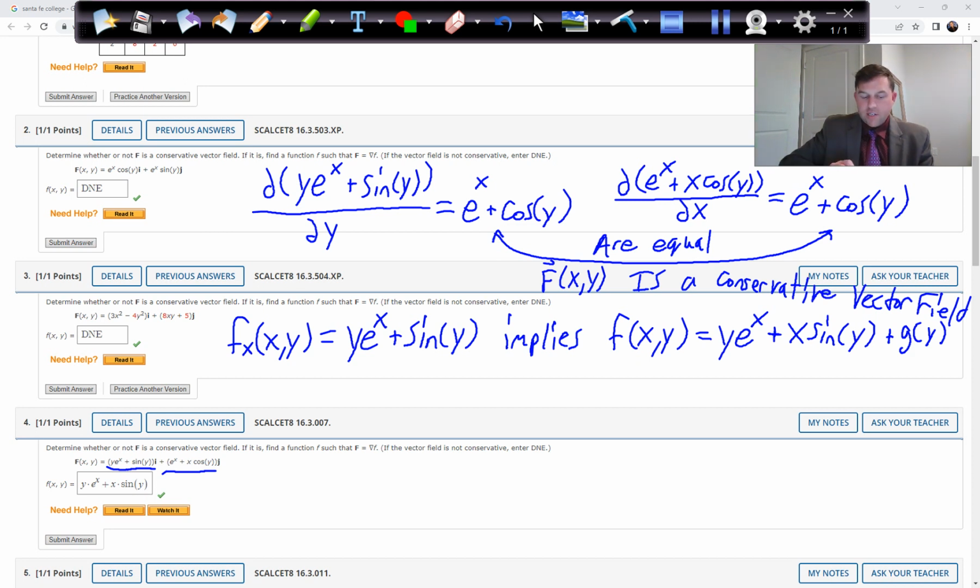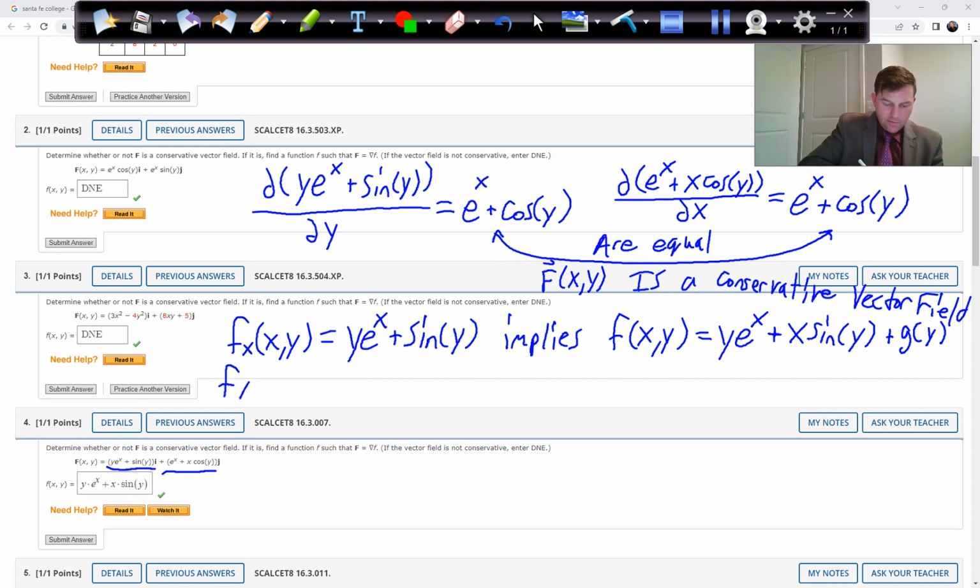Because if I take a partial derivative of f with respect to x, any function that only has y's in it will completely go away. It will become 0. So there could have been an entire function, which we call g of y, that could have existed in this f of xy, such that if I take a partial derivative with respect to x, it goes away. So we're going to put that, it's kind of like a constant of integration if we do an indefinite integral.